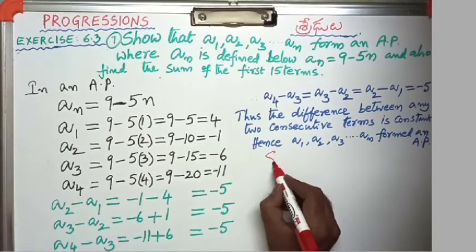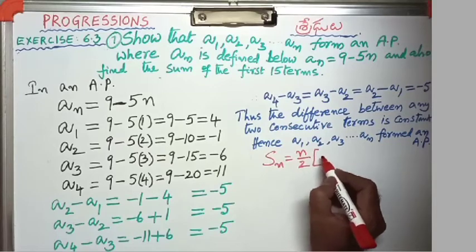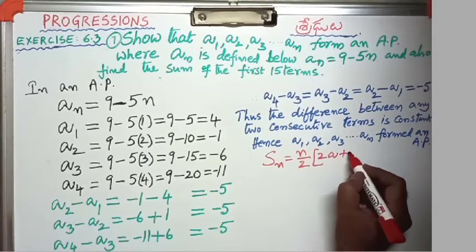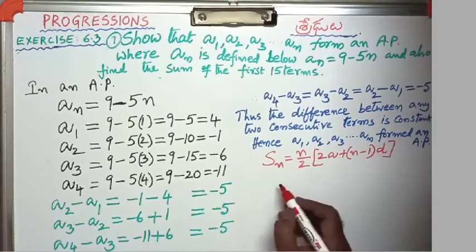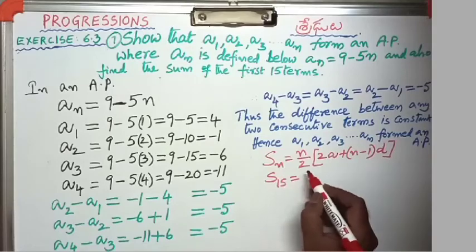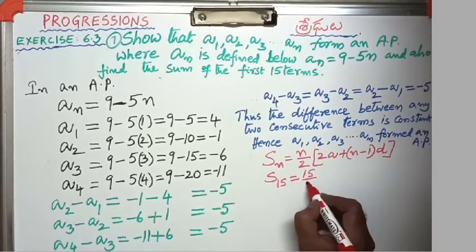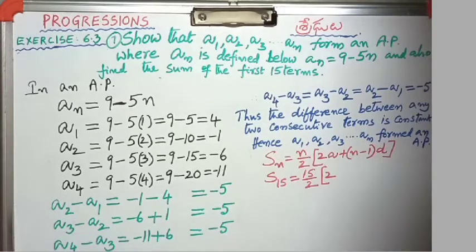Sn is equal to, what is the formula? n by 2 into 2a plus n minus 1 into d. So first 15 terms, substitute 15 in place of n. 15 by 2 into 2a. So what is a value?